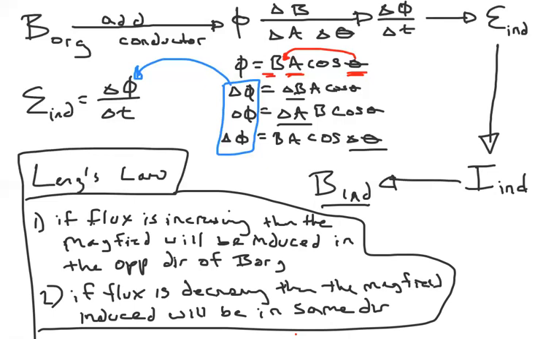Yes, because the induced magnetic field is trying to oppose the change in the original magnetic field. Good job. All that's correct, and yes, it's trying to oppose the change.